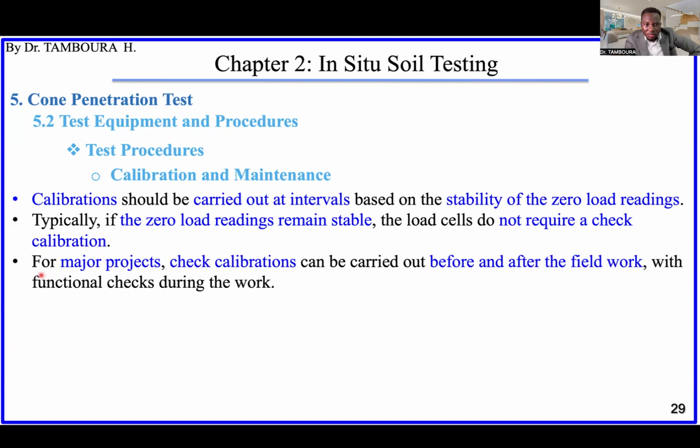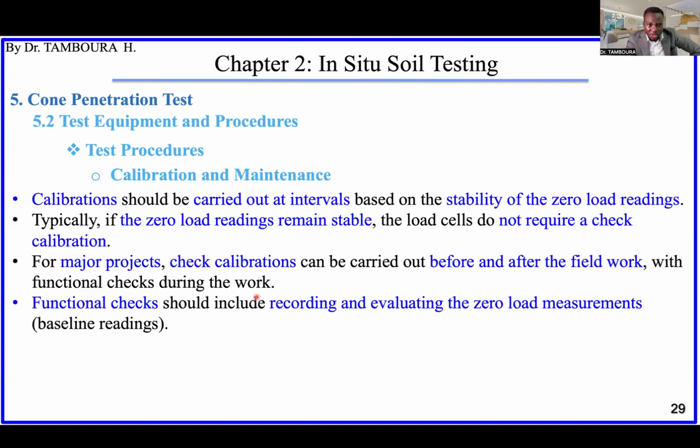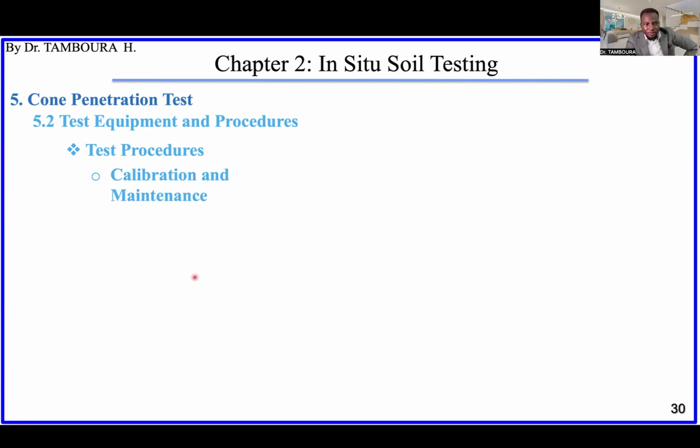For many projects, check calibration can be carried out before and after the field work, with functional checks during the works. Functional checks should include recording and evaluating the zero load measurement.